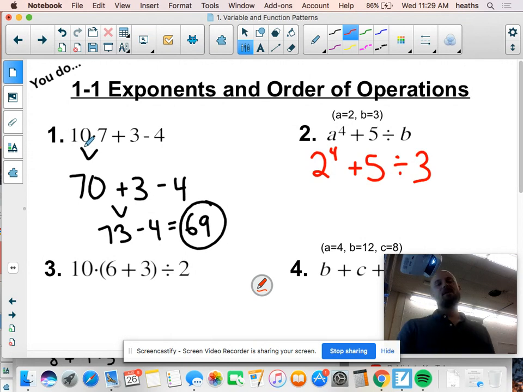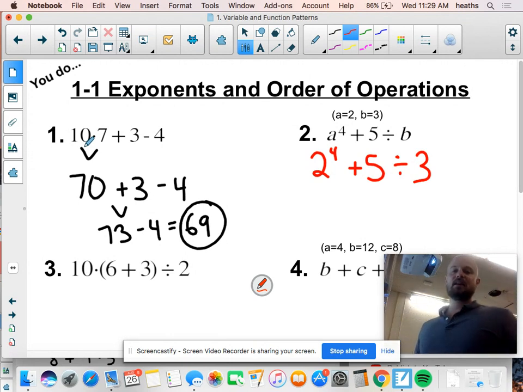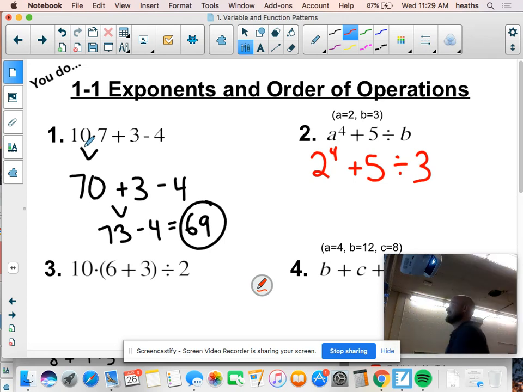In this problem, we do not have a parenthesis. We do have an exponent, 2 to the 4th. So that does not mean 2 times 4. Remember, that means 2 times 2 times 2 times 2. So 4 times we're multiplying that base number of 2. So I know that 2 times 2 is 4. 4 times 2 is 8. And 8 times 2 is going to give me 16.